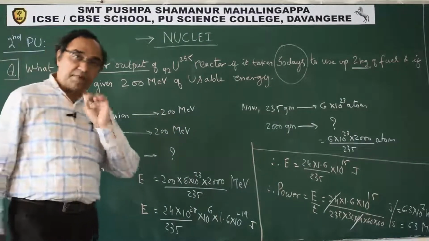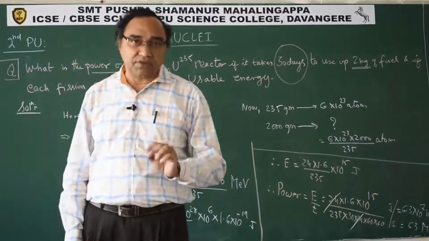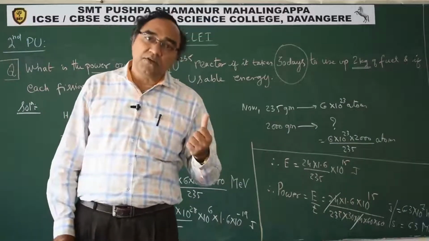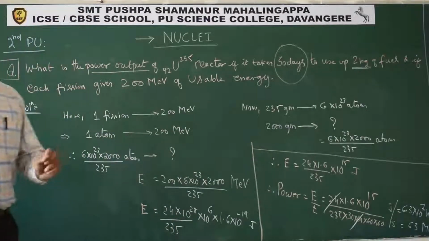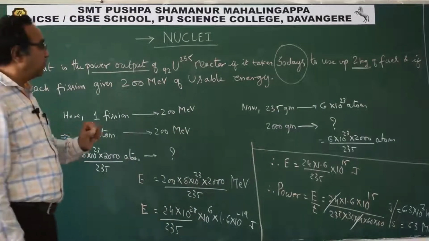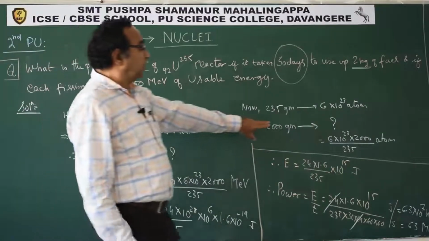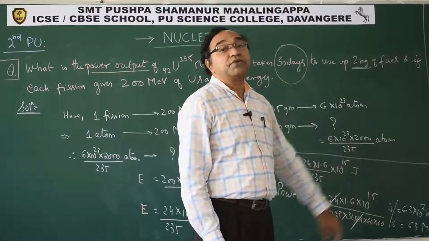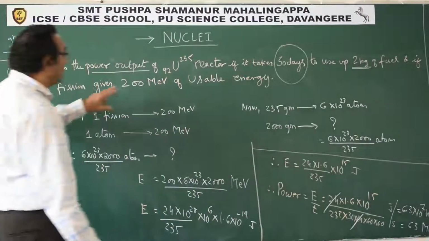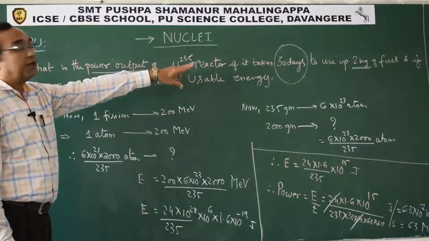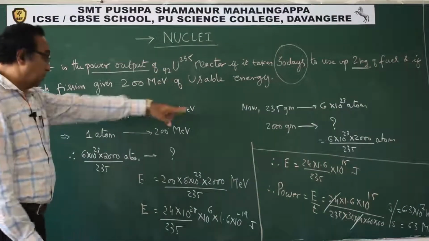So students, in power output, our aim is to find energy released. Time will be given to us. Power is nothing but energy by time. That is exactly what the concept involved. To find energy, we must know how many atoms are being fissioned in a given period of time. So here the period of time is 30 days. So in 30 days, how many atoms are fissioned? That is this.